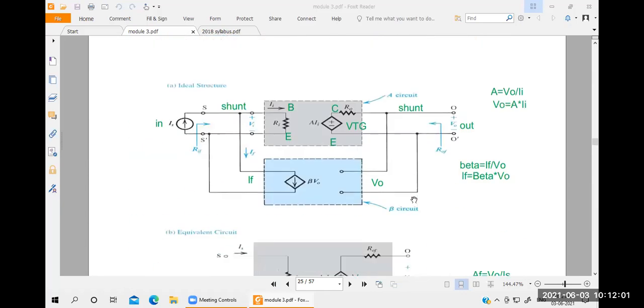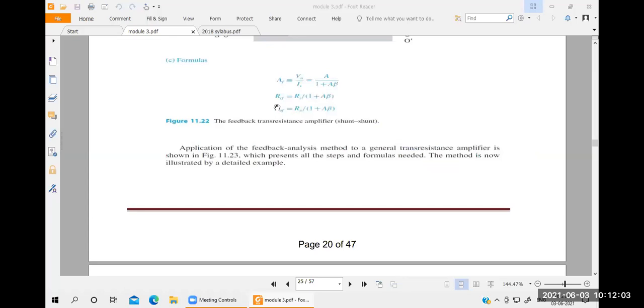RIF is equal to Ri divided by 1 plus A beta. I have to take the inverse of the feedback gain for the parallel connection. Suppose it is a series connection, then you can write RIF is equal to 1 plus A beta into Ri. But here there is a parallel connection, that's why you can write RIF is equal to Ri divided by 1 plus A beta.